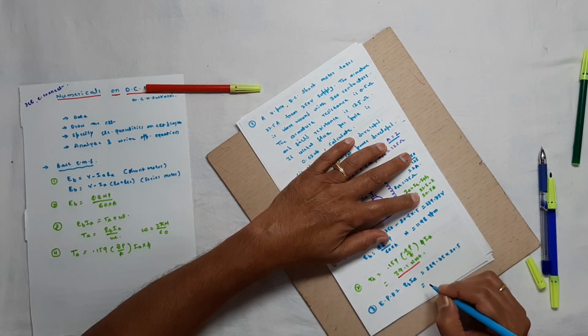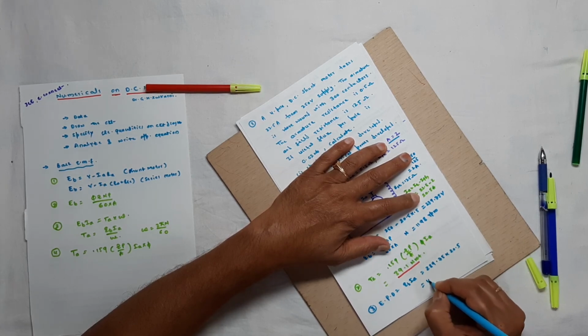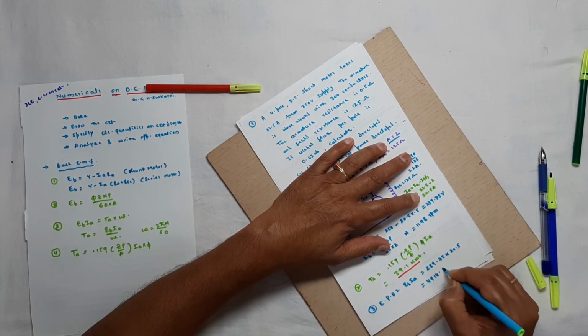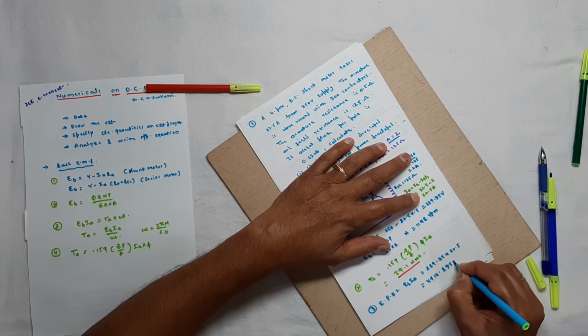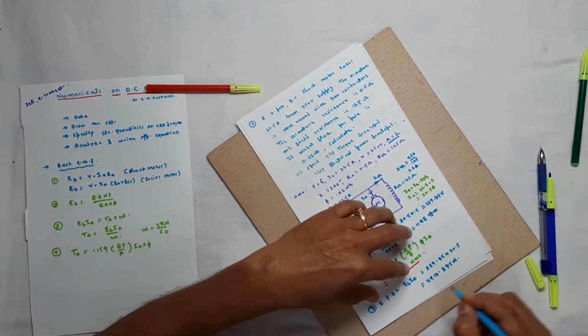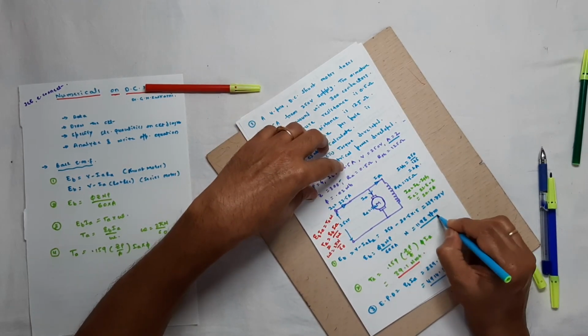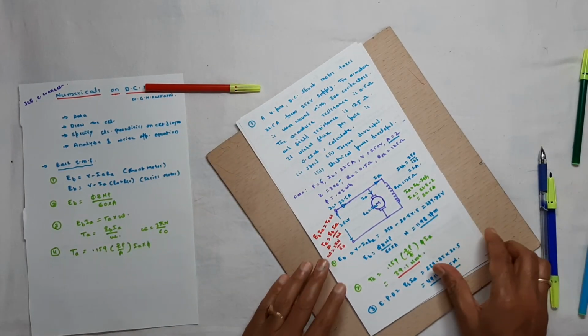Therefore, EB IA what we are getting is 4914.875 watts as the electrical power developed. This is the first answer. This is how you have to solve the numerical.